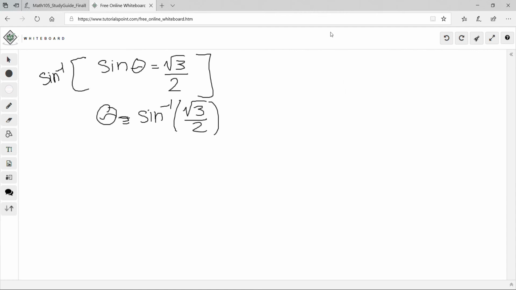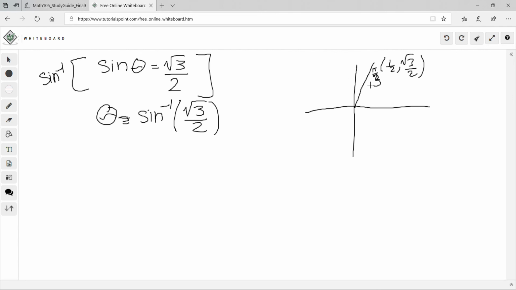And if I draw the circle, what degree and radians is going to give you a sine of positive root 3 over 2? We can use pi thirds. Pi thirds is right here, so it's 1/2, comma, root 3 over 2.